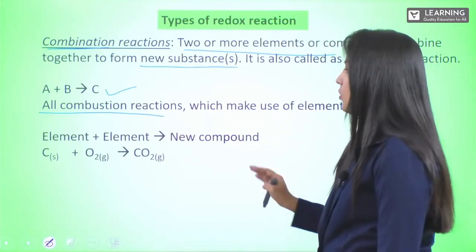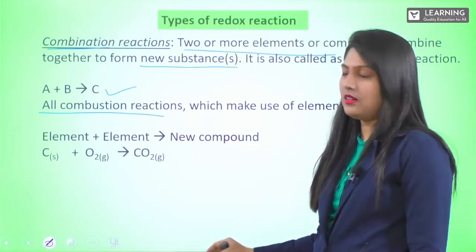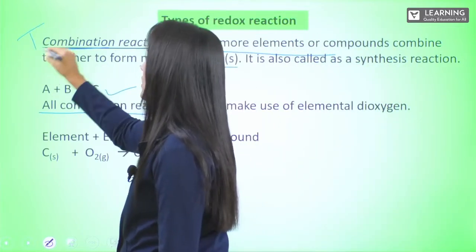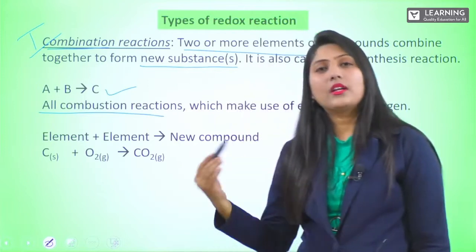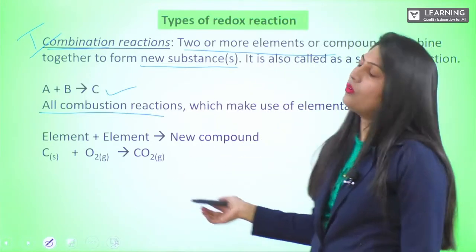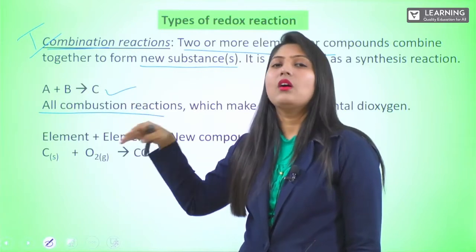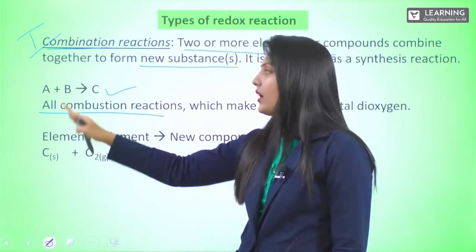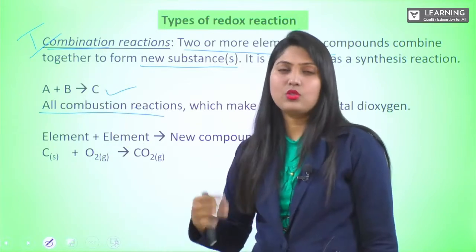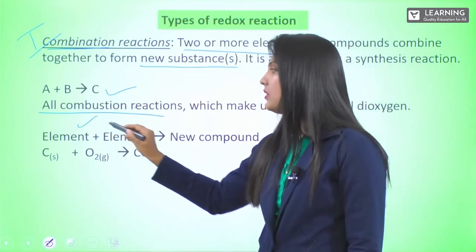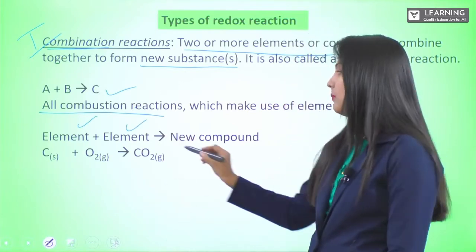Likewise, we can have the categories here. The combination reaction is the first one among the types of redox reaction. Here also, whether they are combining or decomposing or displacing, we have one giving and the other taking to form some other thing. So here we have an element combining with another element to form a new compound.